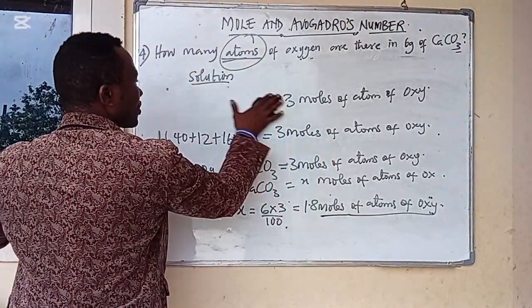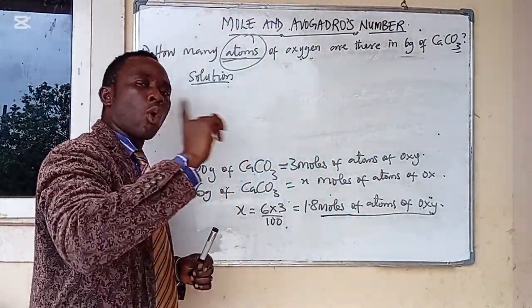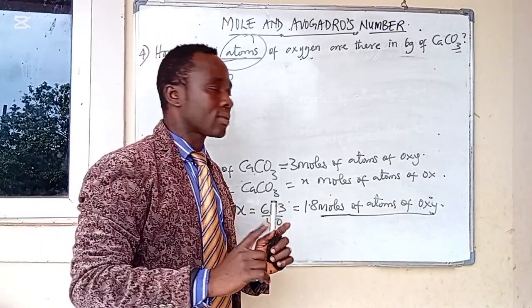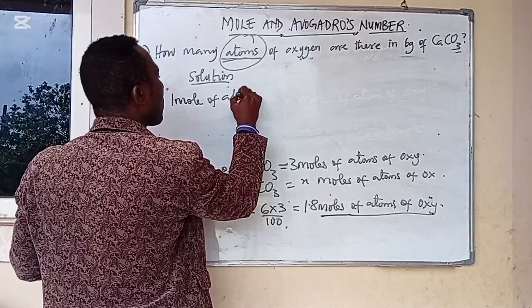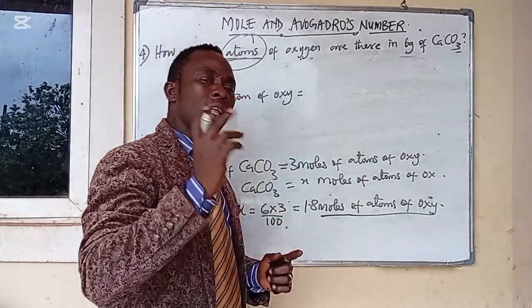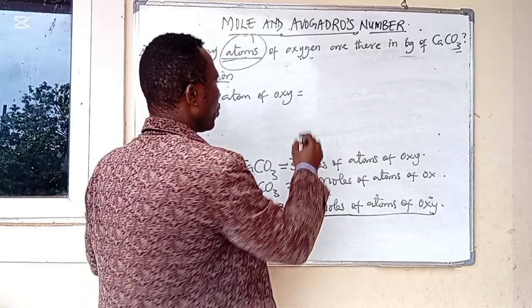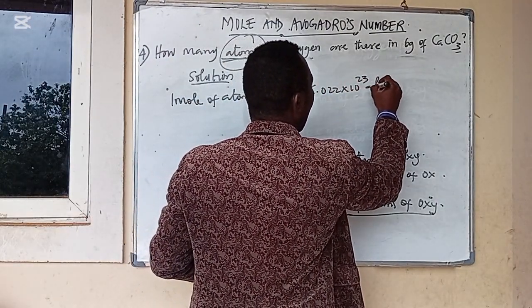So how do we do this? You go to the standard. What is the standard? 1 mole of any substance. So 1 mole of atom of oxygen will contain the Avogadro's number of atoms, which is 6.022 times 10 raised to 23 atoms.